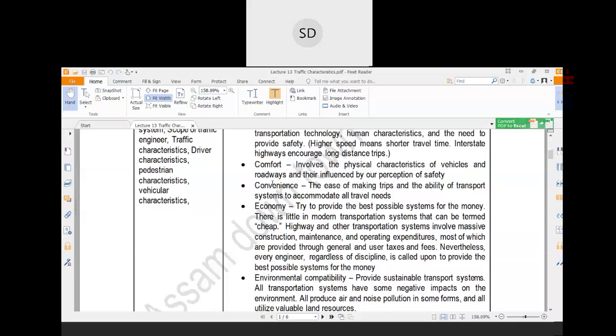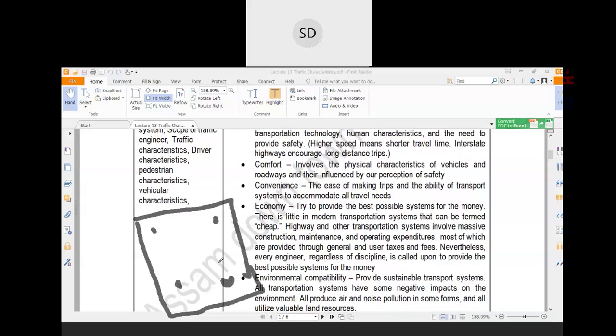Then convenience. Suppose a particular area is there, and within that area there are different locations which you need to connect.